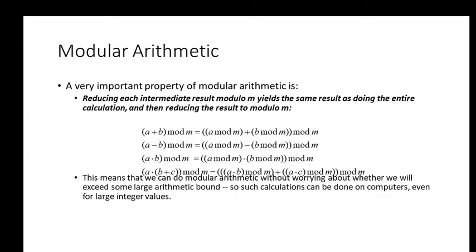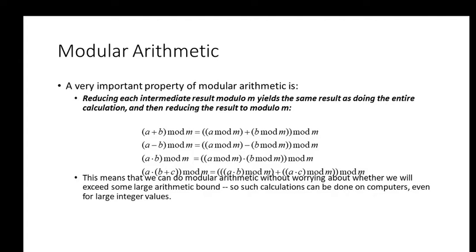A very important property of modular arithmetic is that reducing each intermediate state modulo m yields the same result as doing the entire calculation and then reducing the result modulo m. That is, a plus b mod m equals a mod m plus b mod m, mod m.